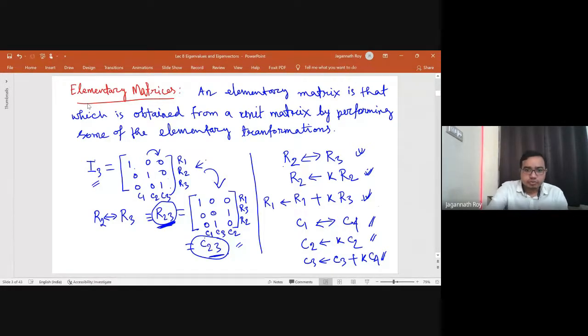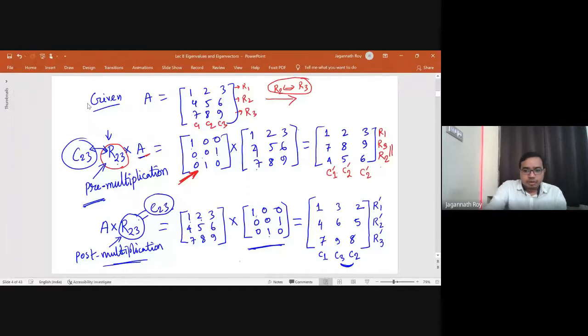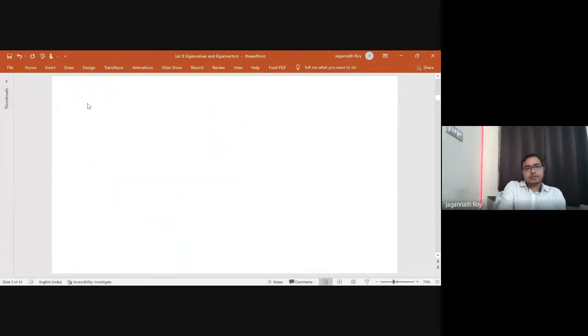So now if you recall that for a given matrix, 1, 2, 3, 4, 5, and 6, 7, 8, and 9. Okay, for this given matrix, this is a 3 by 3 matrix.